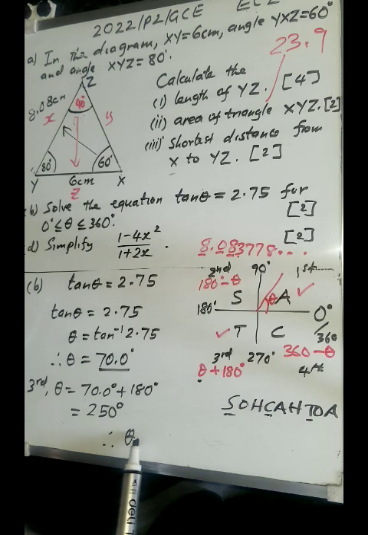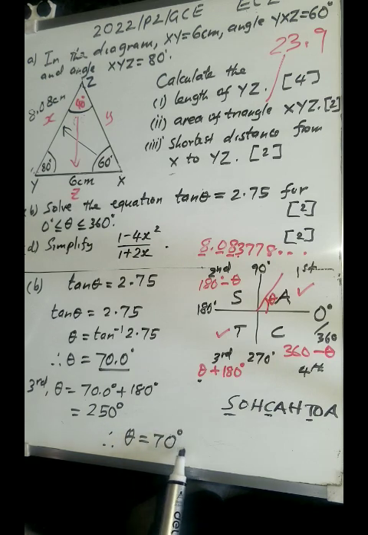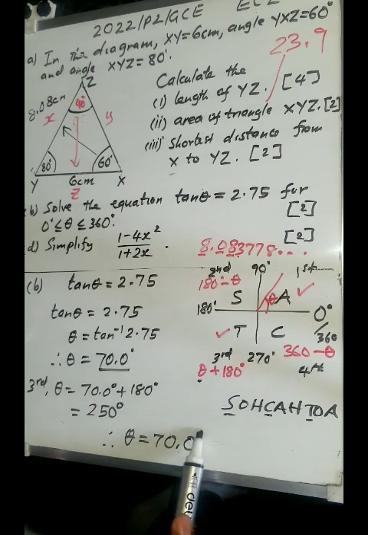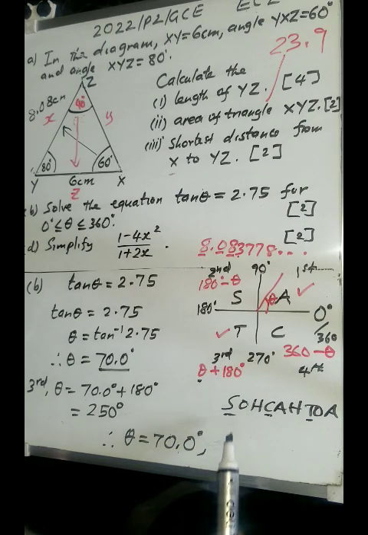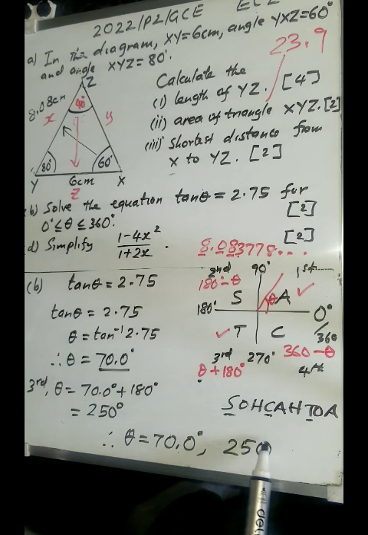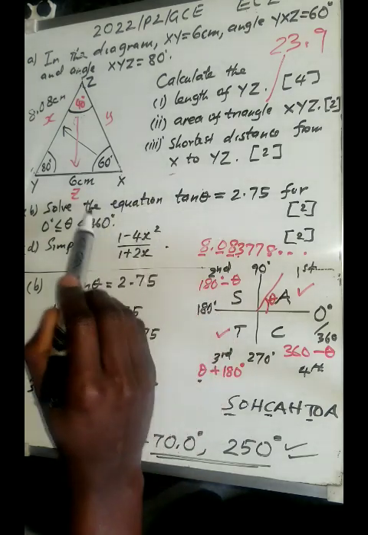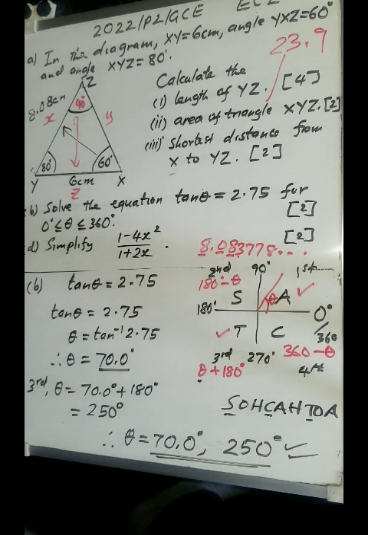Therefore, angle theta is simply 70.0 degrees and 250 degrees. So these are the angles that they wanted you to get, and that is your 2 marks. Please, you can go back to my trigonometric equation video so that you can actually appreciate that.